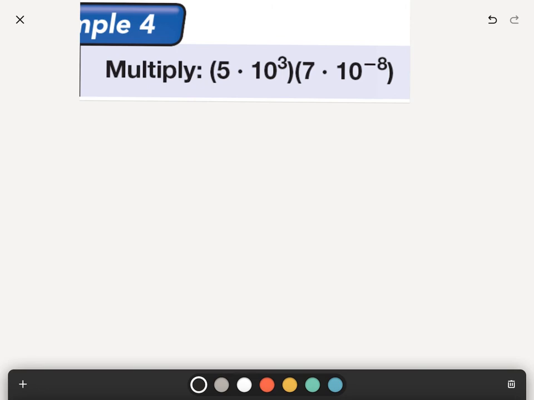Okay, that should have given you time to figure it out. Okay, so 5 times 7 is 35. And I'm switching over to the X just because that's generally how I see scientific notation expressed.